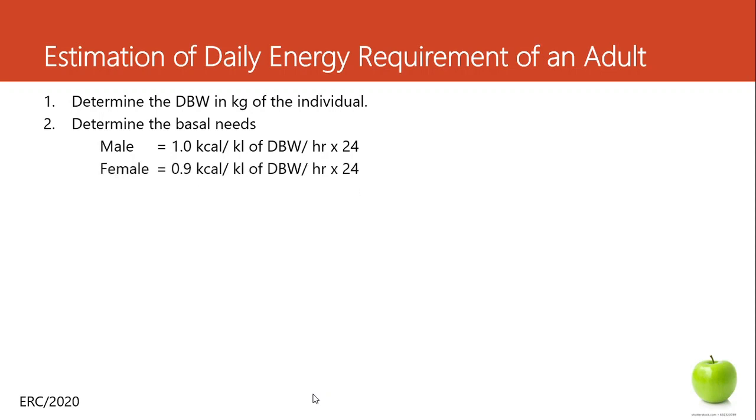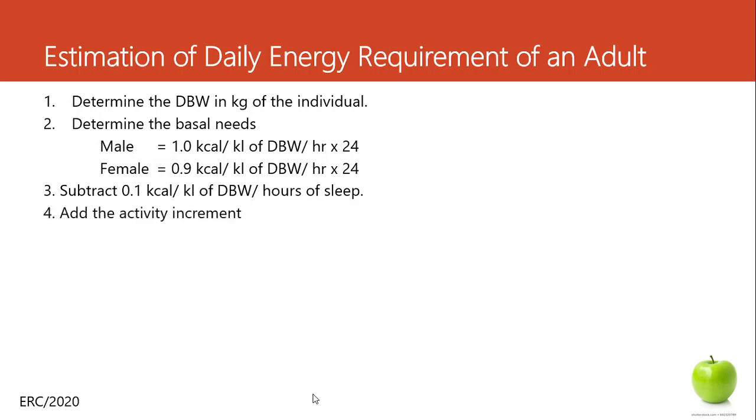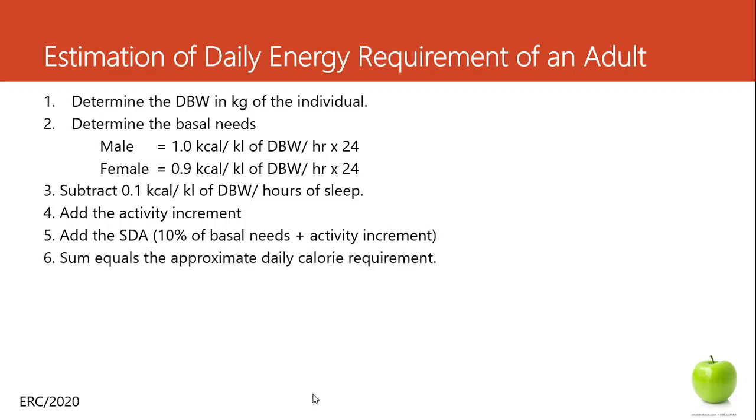For the female, we have 0.9 kilocal per kilogram of desired body weight per hour times 24. Then you subtract 0.1 kilocal per kilogram of desired body weight per hour of sleep. Then add the activity increment. Then find the SDA, 10% of the basal needs plus the activity increment. Then the sum equals the approximate daily caloric requirement.